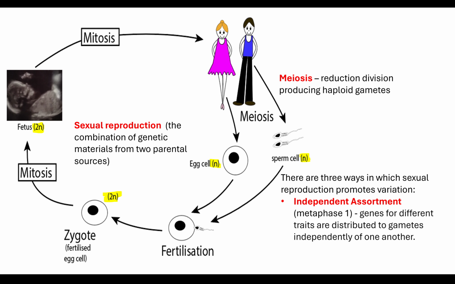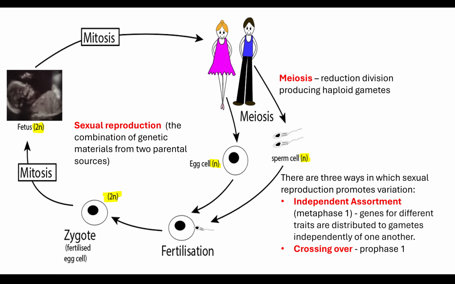So independent assortment is one way in which variation can occur, and this is all linked to how sexual reproduction has actually promoted this variation, because the gametes need to be produced for sexual reproduction. So the way in which the chromosomes line up in meiosis, specifically during metaphase 1, is going to result in potentially this variation within the population.